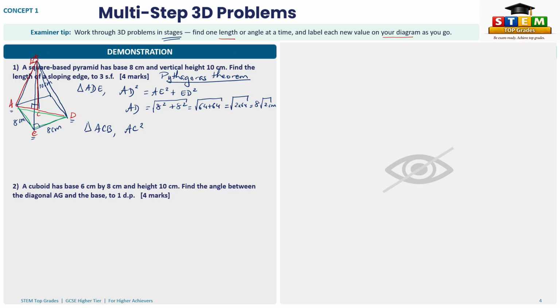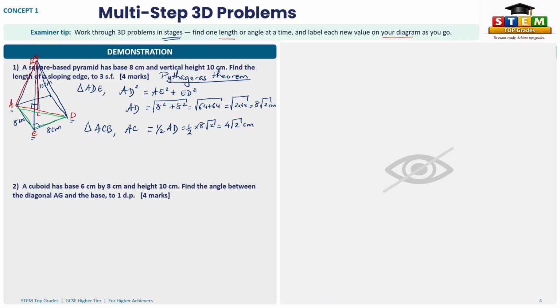AC is half of AD. AD is 8 root 2, so half of that is 4 root 2. So that's length AC we just worked out.